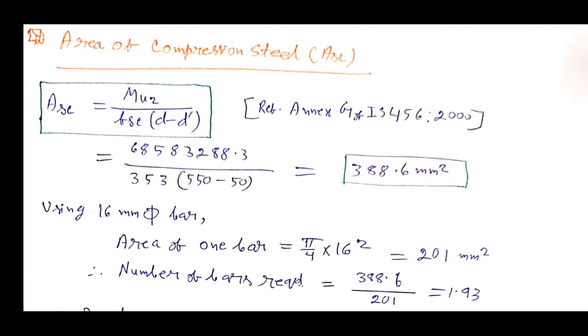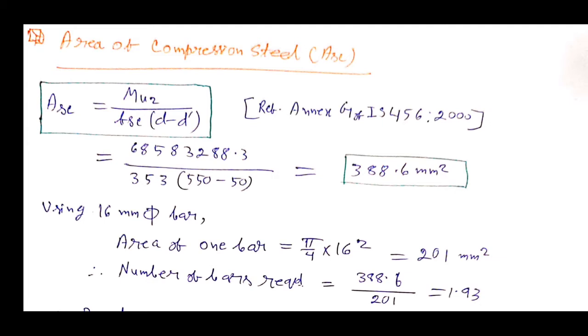So the value of ASC, the area of compression steel, is 388.6 millimeter square. Now using 16 diameter bars, we have to find the number of bars to provide. The area of one bar is pi by 4 into 16 square, that is 201 mm square. The number of bars required is the total area of compression steel by the area of one bar, that is 1.93.